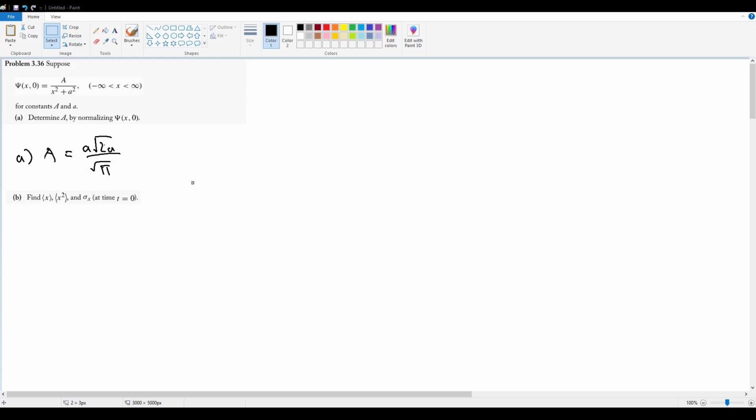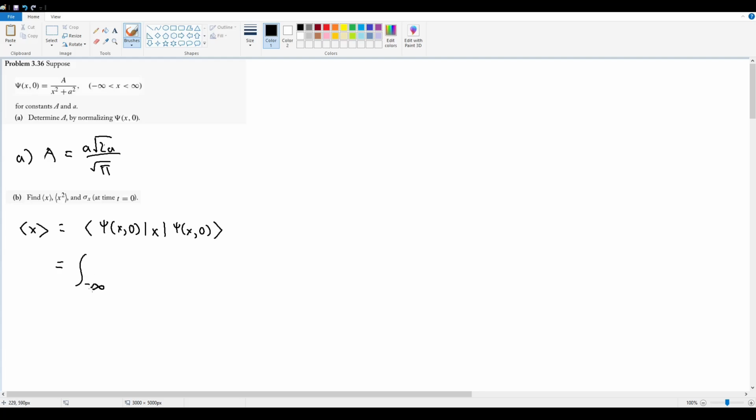Okay, part 2, now let's find the expectation values of x, x squared, and then find the corresponding uncertainty in x. So expectation x is just going to equal the bracket of psi of x comma 0 with x in the middle. Because there's no complex numbers here, it doesn't really matter. We can just order this as default.